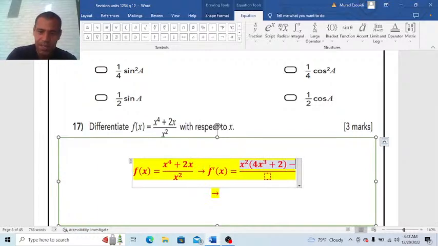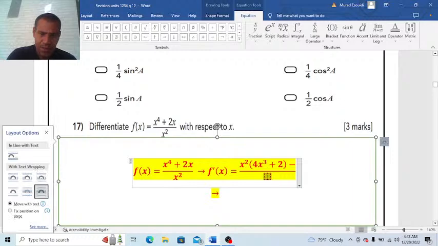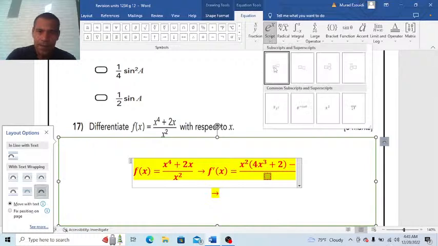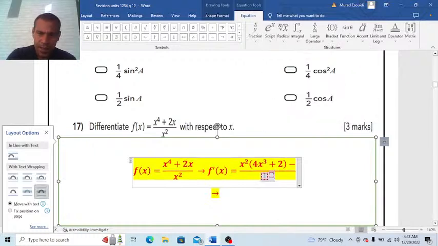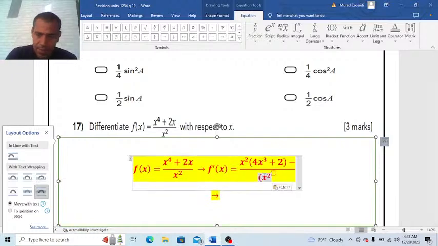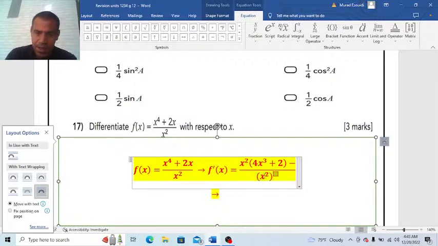Then I should subtract the first derivative of x square. Again I will make x square between parentheses, closed, raised to the power 2. This is the formula.